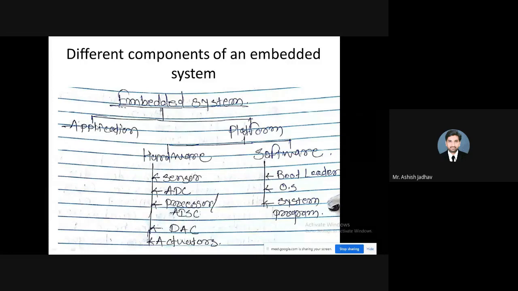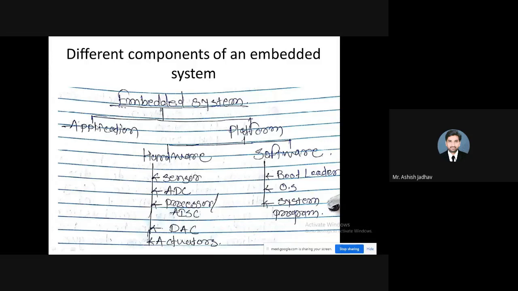ADC facility is there in Raspberry Pi, or if not, you can directly get a sensor which produces output in digitized form. Then the data can be stored on Raspberry Pi. Then DAC, if not required, you can have some drivers and ULN ICs, so that whatever is next to that can be driven based on the input readings from that sensor, right?